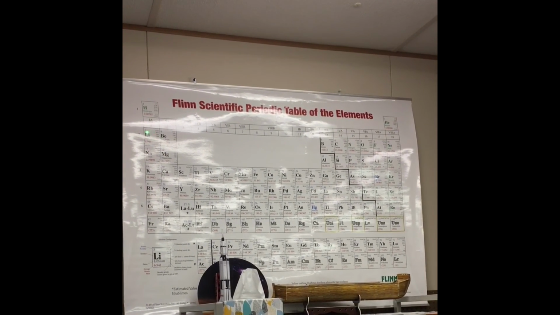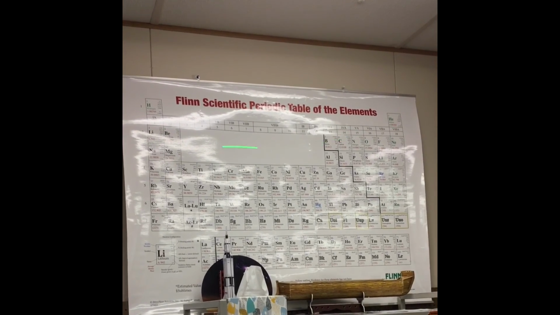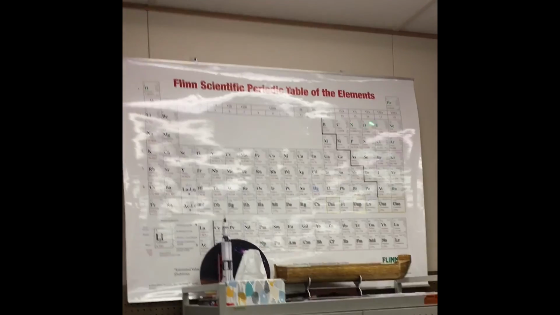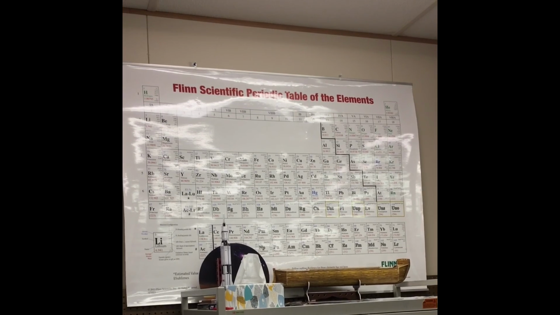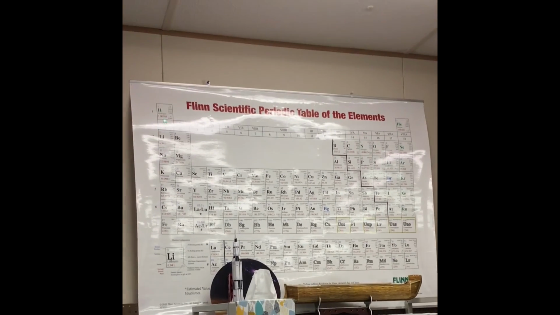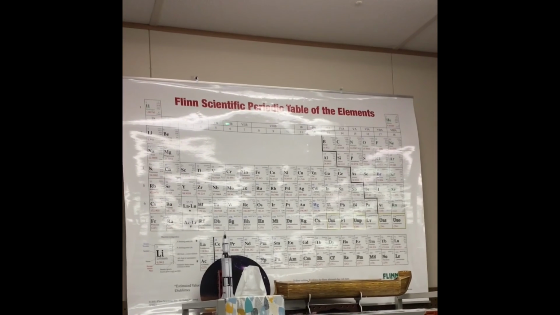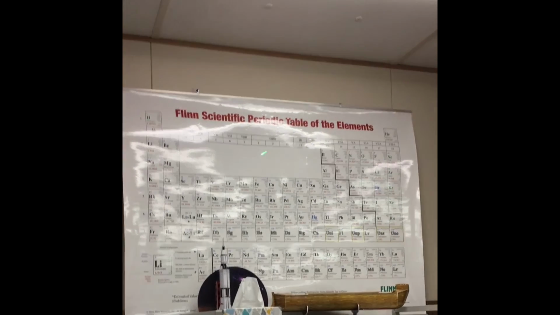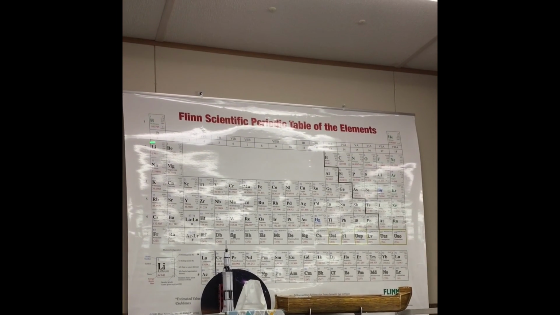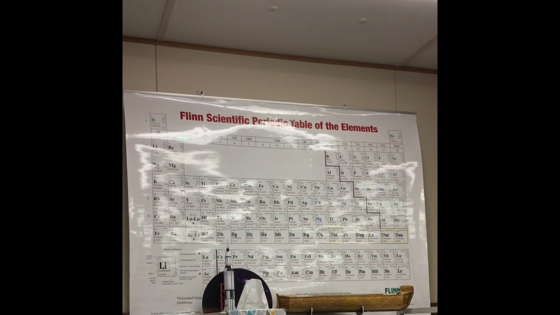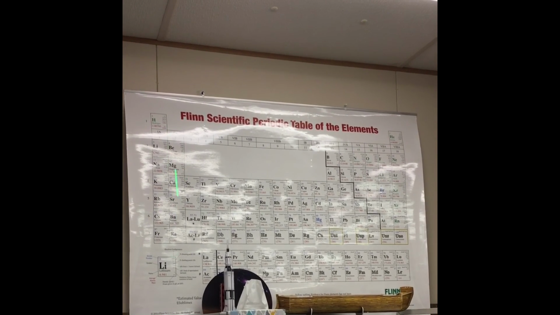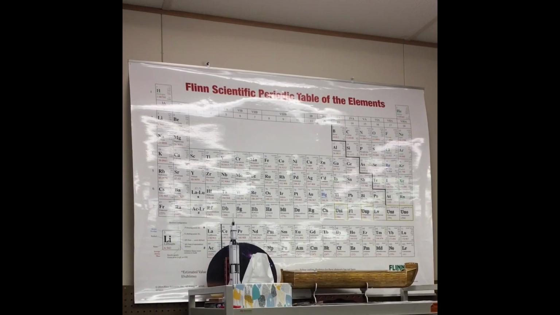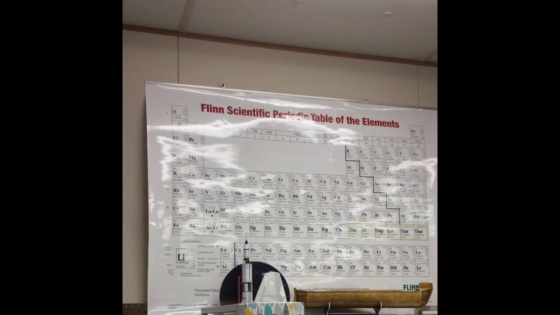These are called groups 1 and 2 by this vernacular, going from 1 through 18, and starting here, 13 through 18. Or if we use the Roman numerals, it'd be 1A and 2A, then we skip over to 3A through 8A, depending on which label you want to use for the groups or families. So first 2 columns, the last 6. We call that the S block and the P block. Those are the main group or representative elements. All right, now let's go on.